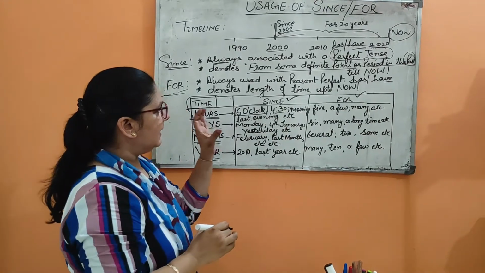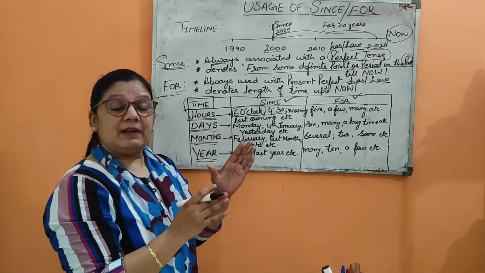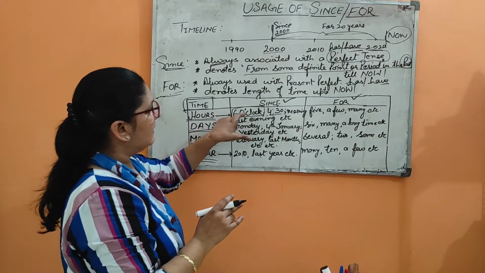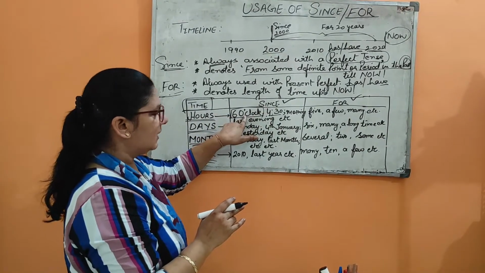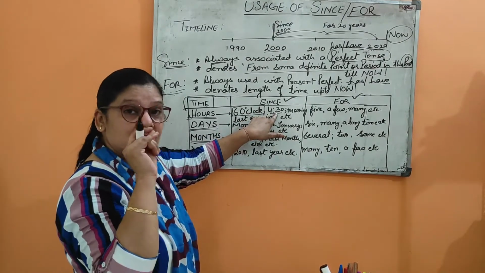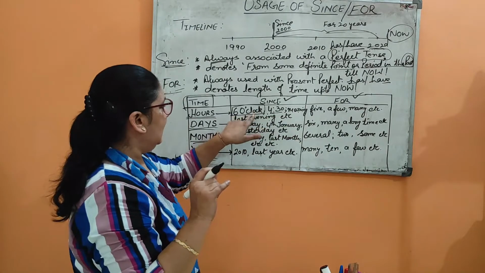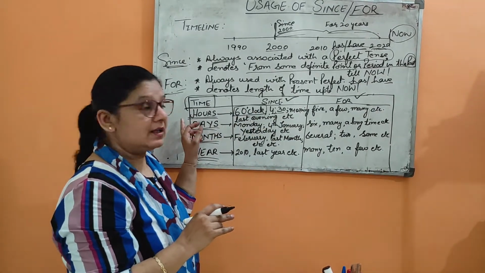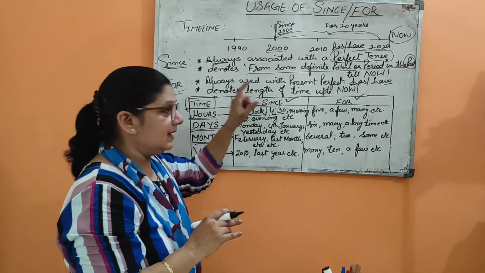Whatever the sentence is, the adverbial phrase that tells the time in the context of hours, we will take since with o'clock. This is a particular point of time, like a particular clock time, morning, evening, last evening.